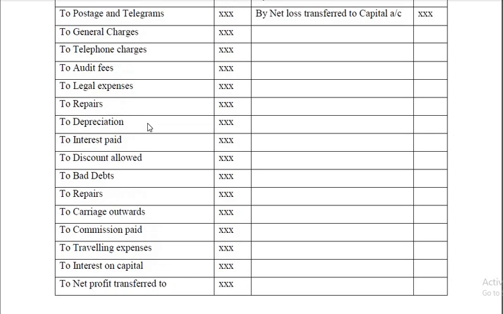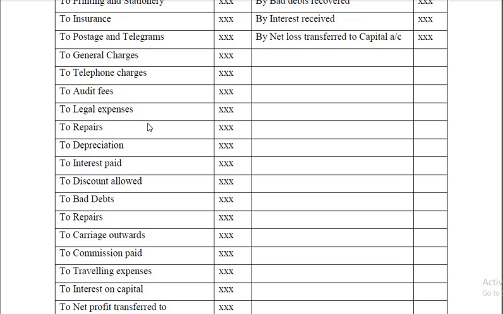These are all indirect expenses. Actually, there are different categories like office and administrative expenses, selling and distribution expenses, maintenance expenses, financial expenses, etc. These will fall under any one of these heads.